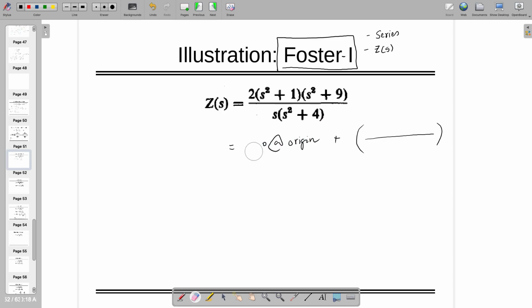Okay. I should write down this 0 at origin, and here you will have the rest of the things. Here the order will be 3 only, so you should not worry about it, because I can rewrite this as follows.